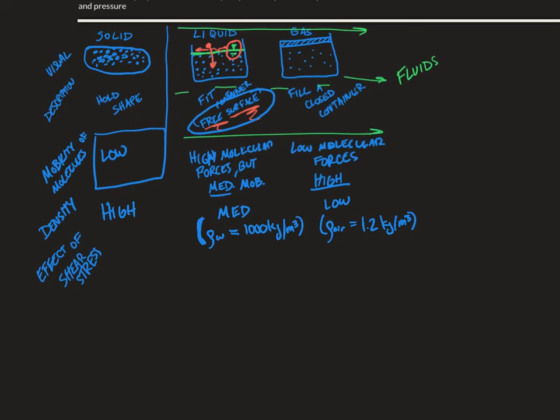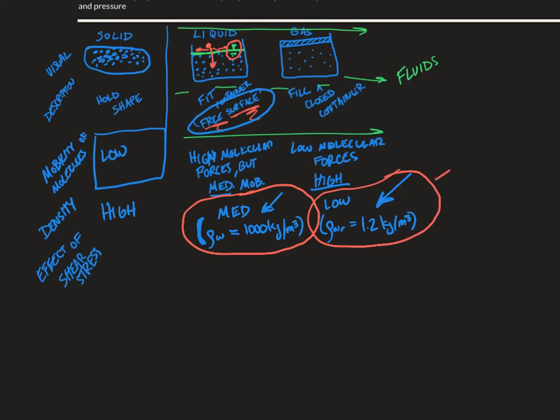Now why do I point this out? The reason is that when I say this is low, and I say that this is medium, really there's no comparison between the two. If you are in a problem and it's got both of these numbers in there somewhere, odds are this one is irrelevant in comparison.